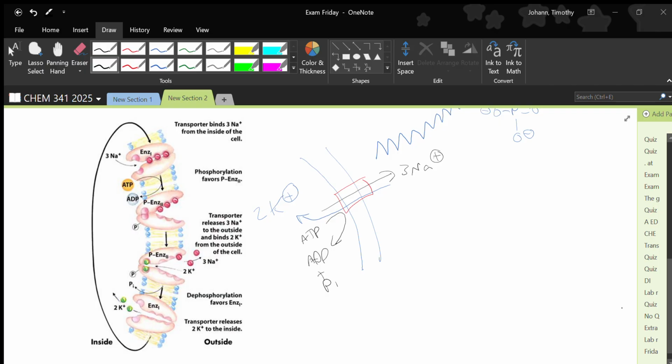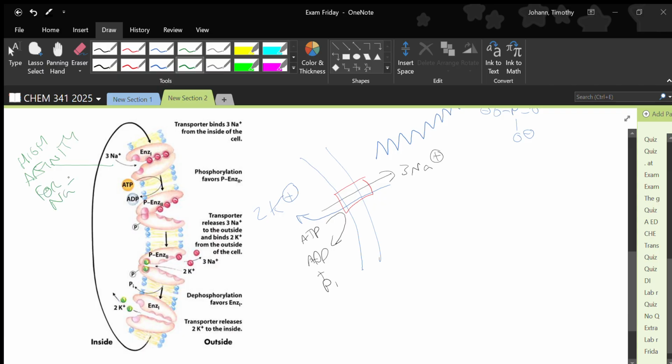So right now here at the top, it's open to the inside of the cell. When it's open to the inside of the cell, it has a high affinity for sodium. Sodium binds to it.